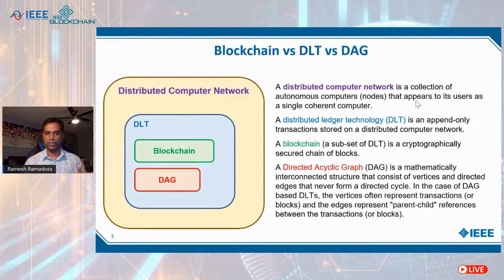It's basically append-only transactions, and blockchain is basically a chain of blocks. Each block contains transactions. We will talk more about this in a few minutes. DAG, finally, you have the definition for DAG. It's also a type of mathematical structure that is used to realize DLT architectures, such as IOTA and Hashgraph, which we had on the previous slide.